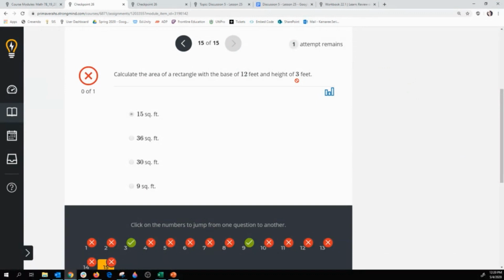So what would I do to figure out the area of this rectangle? Perfect. Yep. So when I do 12 times 3, that base times height, I will get 36 square feet. Awesome.